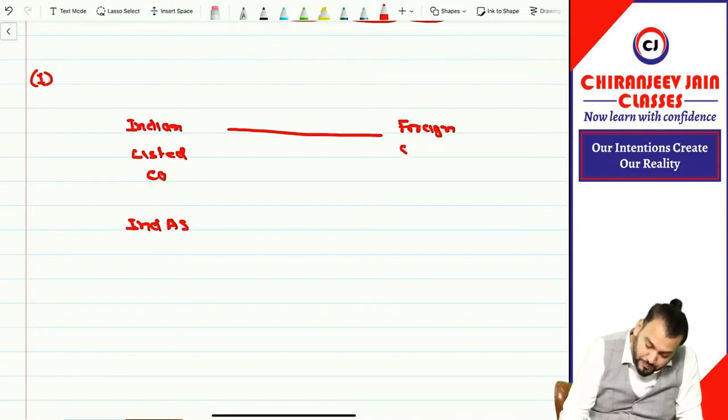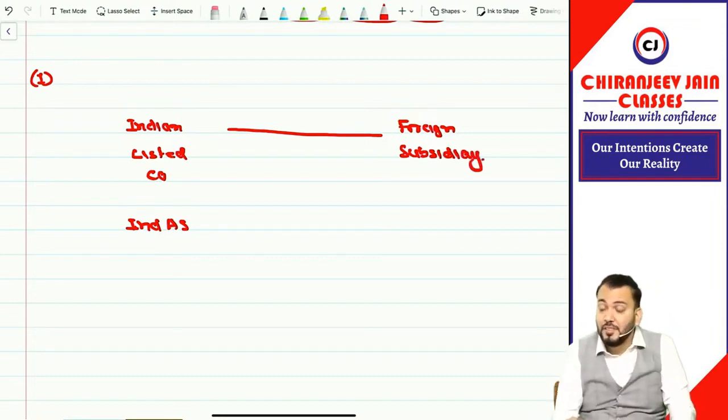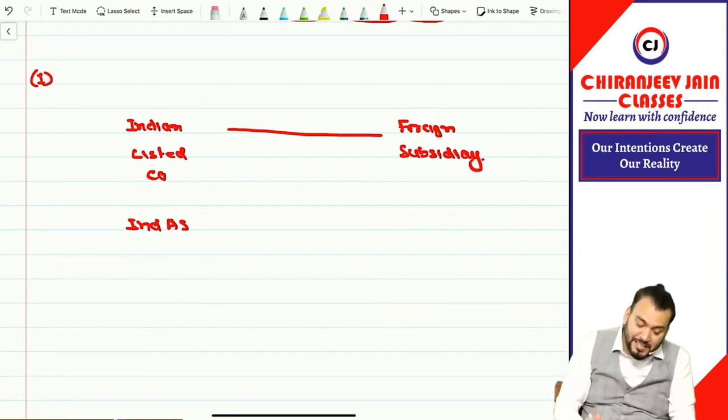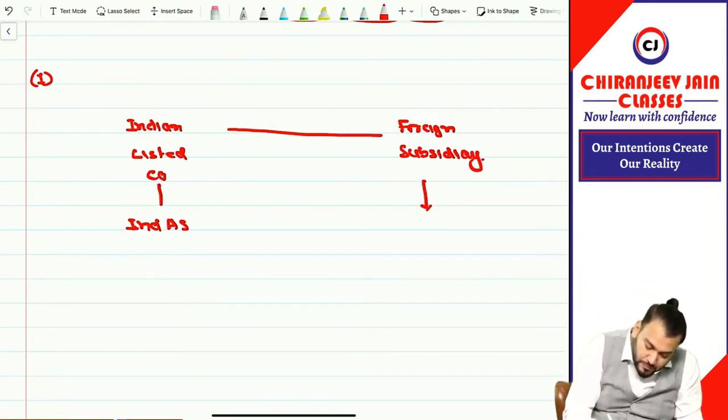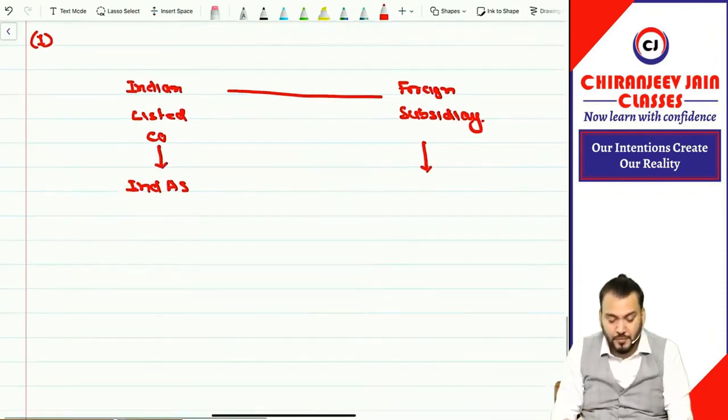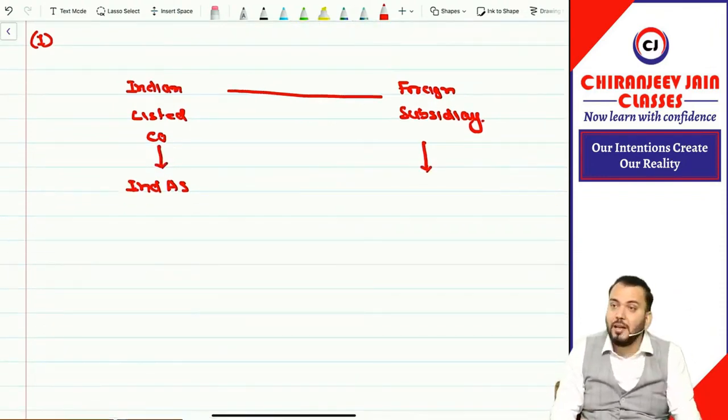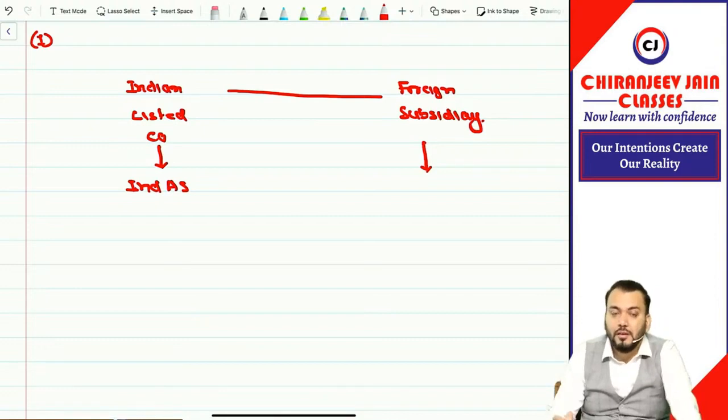Foreign subsidiary means it is incorporated in some other country. But is Ind AS applicable or not applicable? Tell me. Ind AS applicable, not applicable? Apply your common sense. Applicable, not applicable?